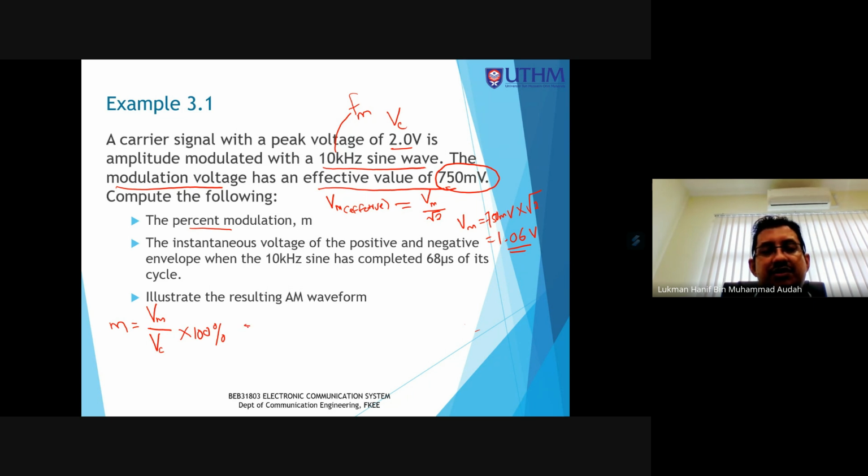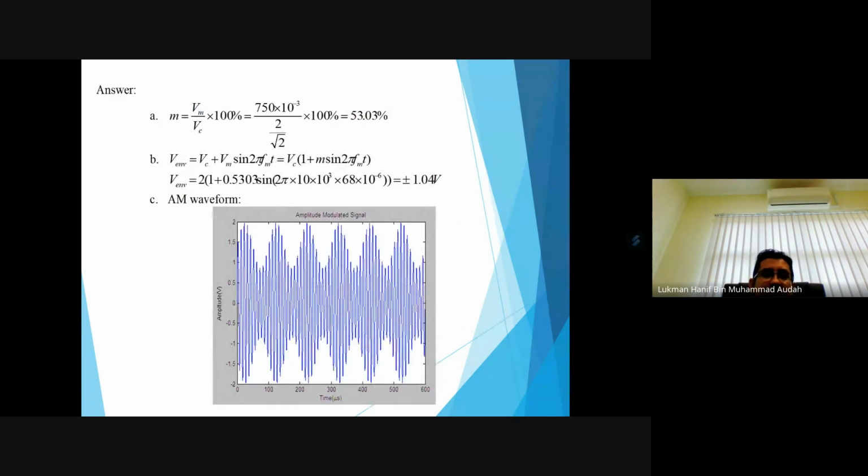So this is equal to 1.06 divided by 2 volt multiplied by 100%. So 1.06 divided by 2 times 100, you're going to get around 53%. Yeah, 53%.